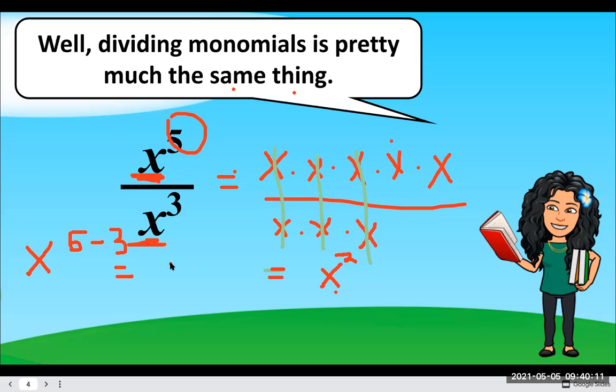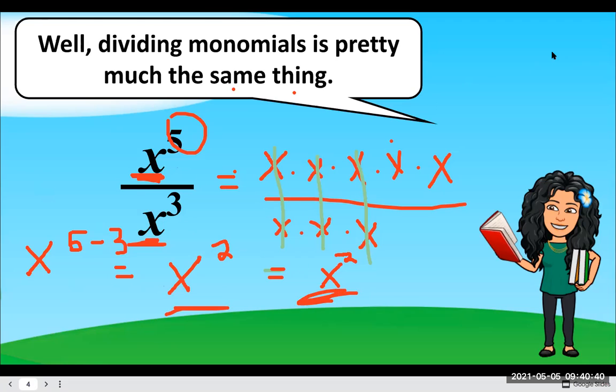So what's 5 minus 3? 2. So it's the same exact answer, just a different method. This rule is actually mentioned in this Google slide. We're going to run into it, but I just wanted to give you a heads up on that. You can also do this.